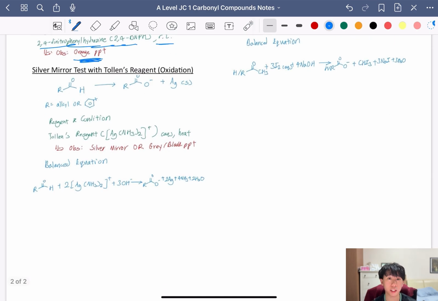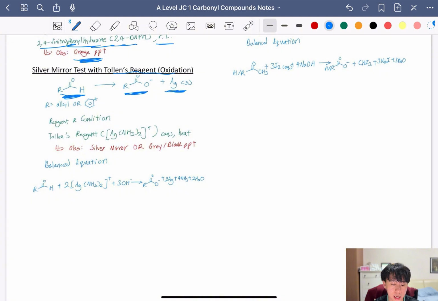Next, you can also do a silver mirror test with Tollens' reagent. This is an oxidation reaction. And what's going to happen is that your aldehyde, the R group can be an alkyl group or a phenyl group, and this will produce a carboxylate salt with your silver solid, which is the silver mirror, hence the silver mirror test.